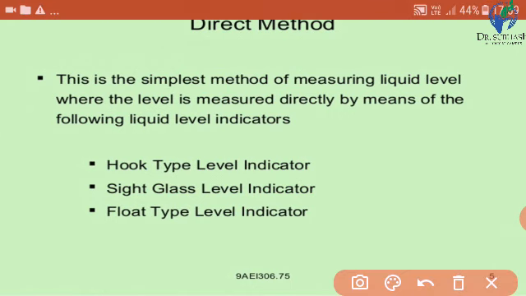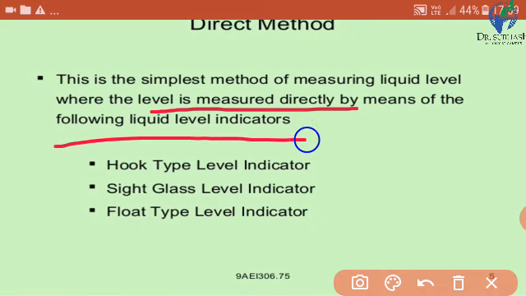This is the simplest method of measuring liquid level, where the level is measured directly by means of the following liquid level indicators. So in this direct method we are using different types of liquid level indicators, and through this we are directly measuring the level.